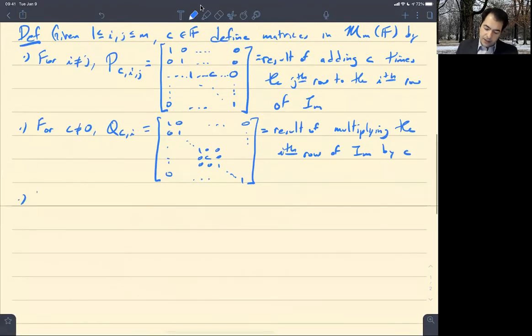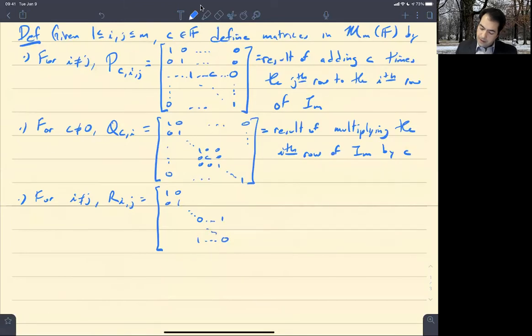And then finally, for i different from j, we have the matrix R_ij. This looks like the identity matrix, but somewhere you've changed the order of 2 rows.